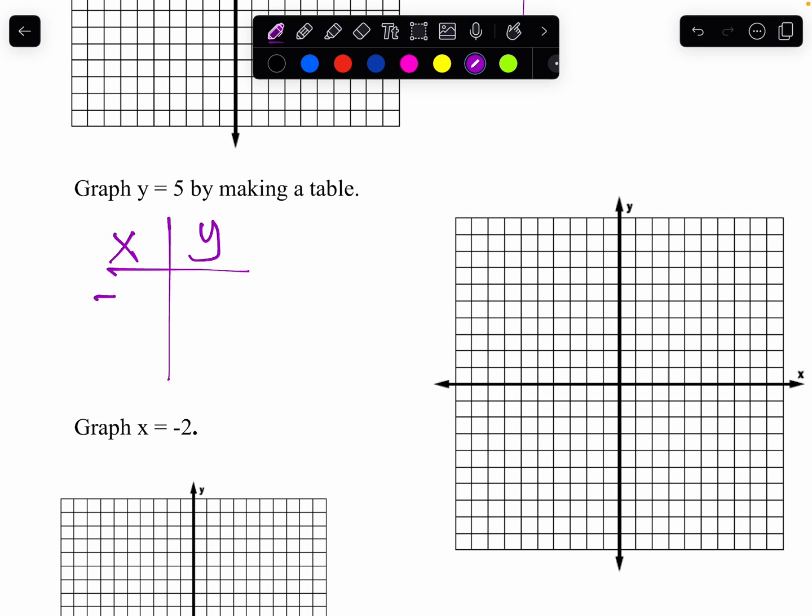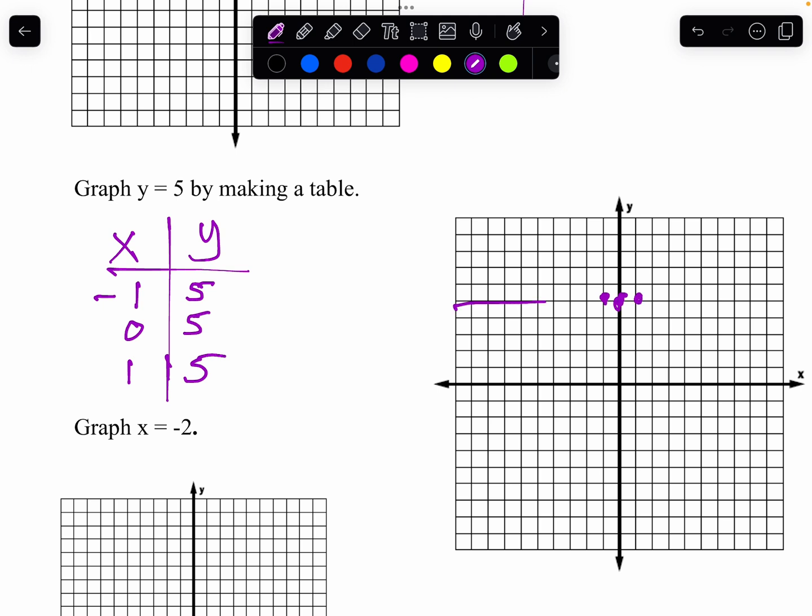So -1, 0, and 1. And y is always 5 because it doesn't depend on x. So we go -1 and up 5, 0 and up 5, 1 up 5.